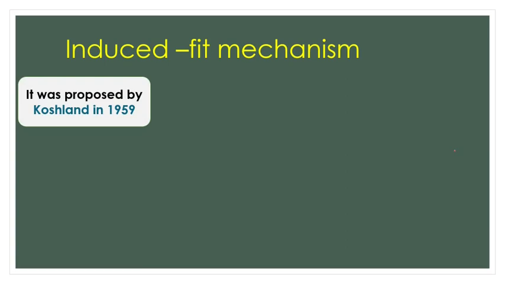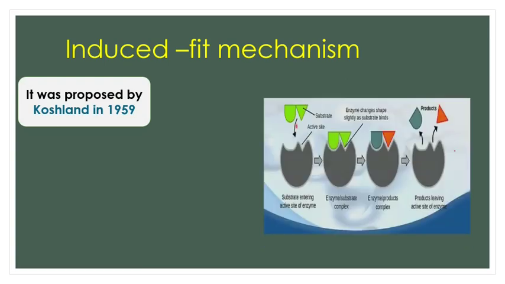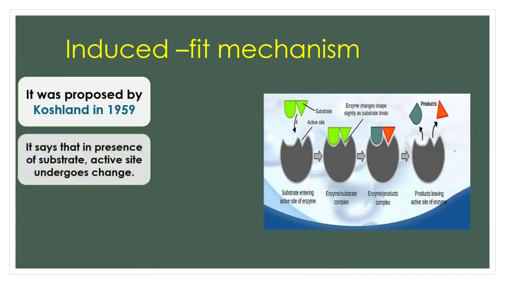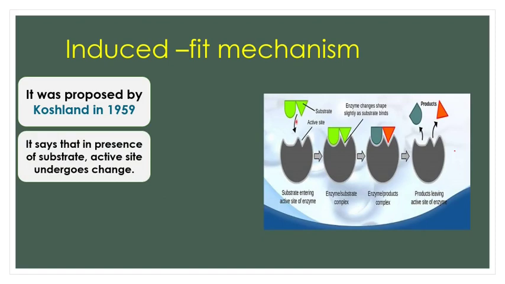It was proposed later by Koshland in 1959. According to this model, in the presence of the substrate, the active site will undergo change. So you can see in this picture, this is the enzyme.